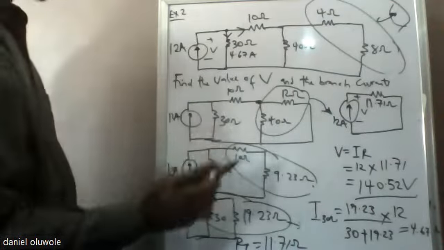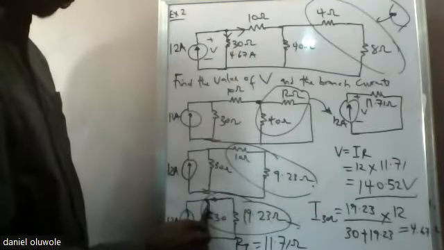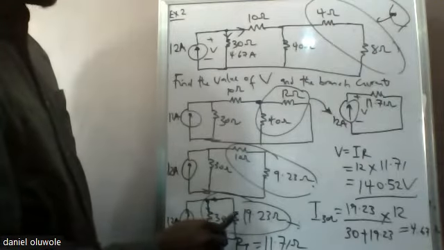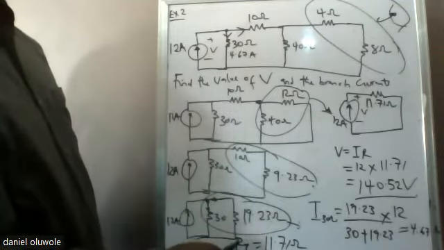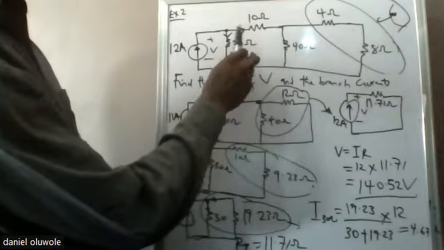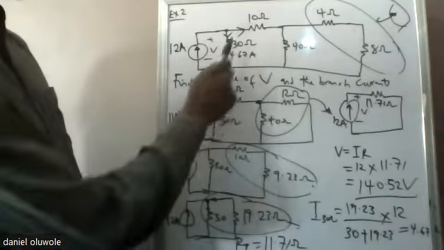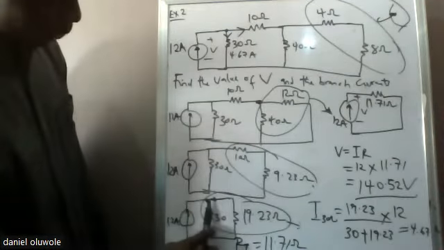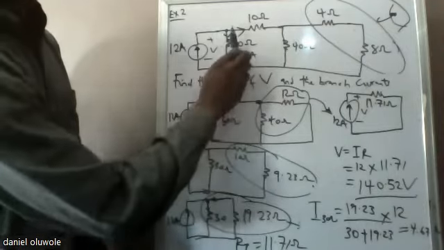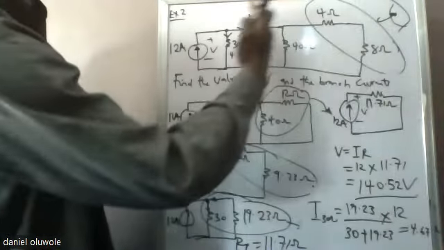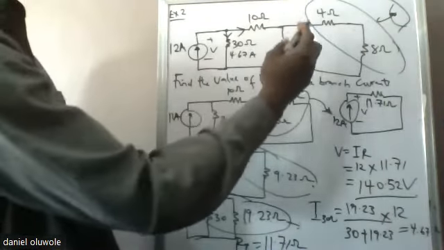Now, to get the current that is flowing into this 10 ohms, we have to first of all know the current flowing into the whole 19 that is flowing out of this point into everything.